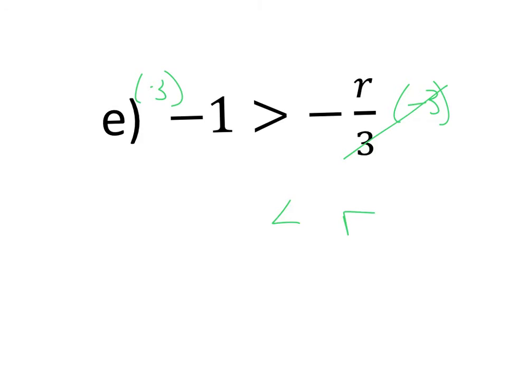And then -3 times -1 is 3. The kicker here is that the variable has to be out front before we can graph it, so I'm going to rewrite it as R is greater than 3. So really in this case, I flipped once because I was multiplying by a negative, and then I flipped a second time because I rewrote it with the R out front.